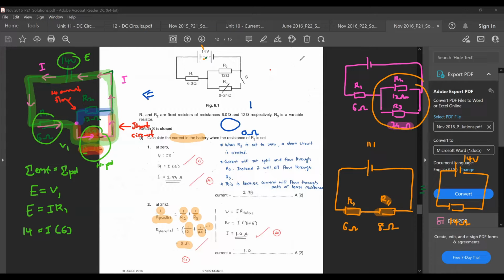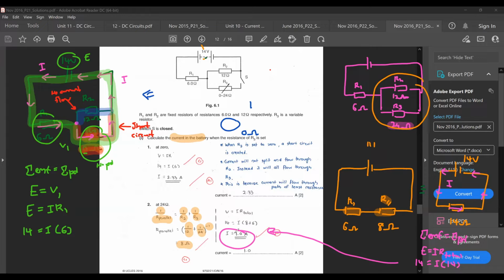So I simplify all the way to the max. I want to find the current I now. I apply sum of EMF equals sum of PD. This is E equals I times R total. So 14 equals I times 14. You're going to get your answer as 1 ampere.